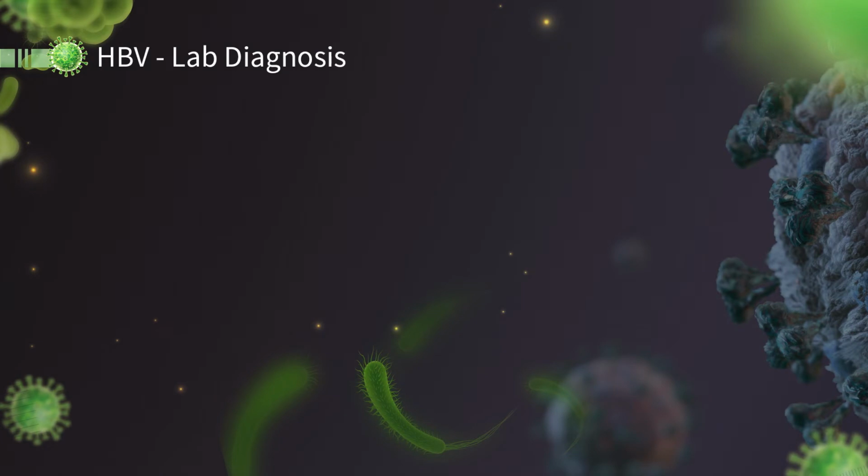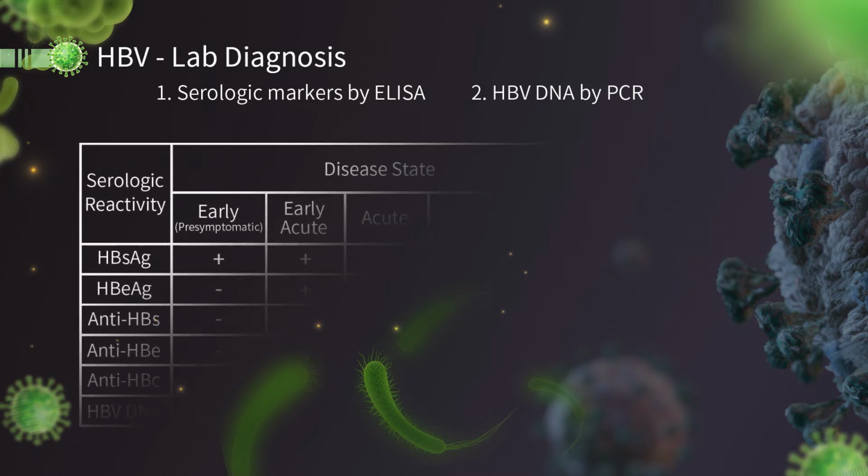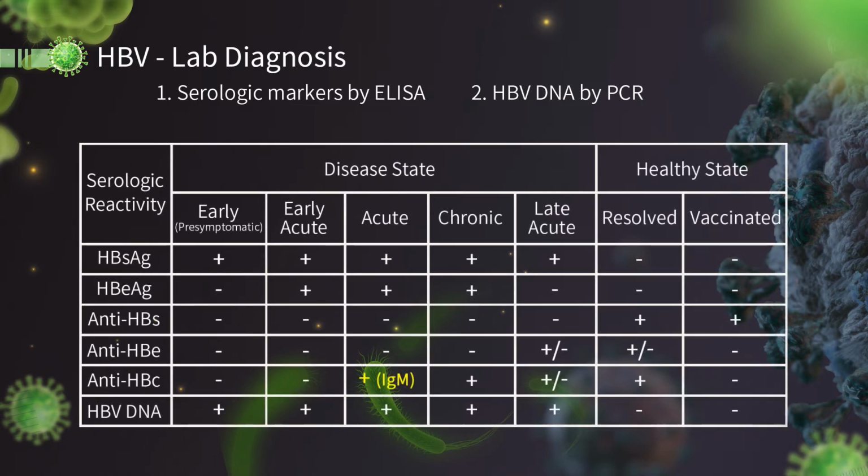Lab diagnosis of HBV includes: 1. Serologic markers by ELISA. 2. HBV DNA by PCR. The serology of HBV infection describes the natural course of the disease. The table shows you the interpretation of serologic markers in HBV infection. For example, acute HBV infection is characterized by the presence of HBs antigen and IgM anti-HBc.